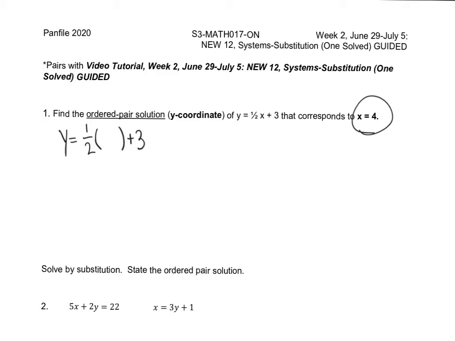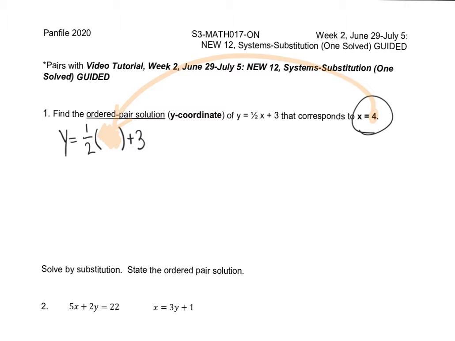So I'm taking the x out and plugging the 4 in. And again, you start to notice we're doing the same trends week after week, topic after topic, right? They give us x equals 4 and they've given us the equation. We plug the 4 into our equation.